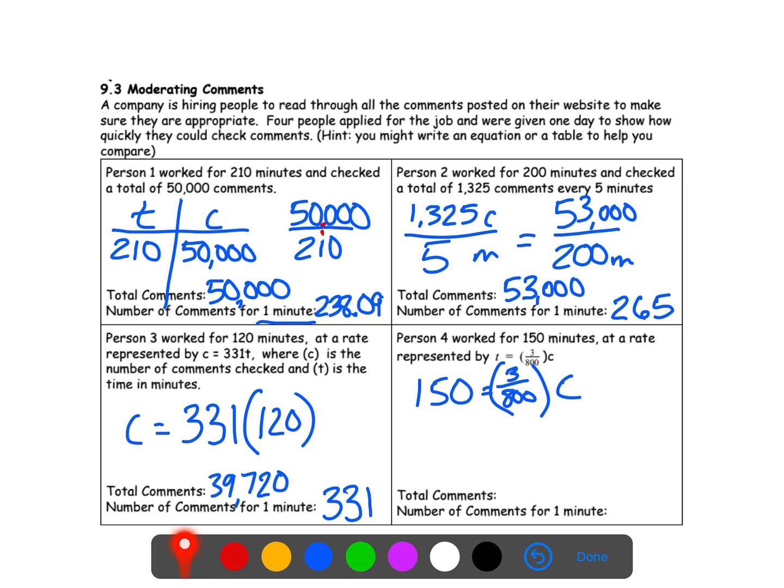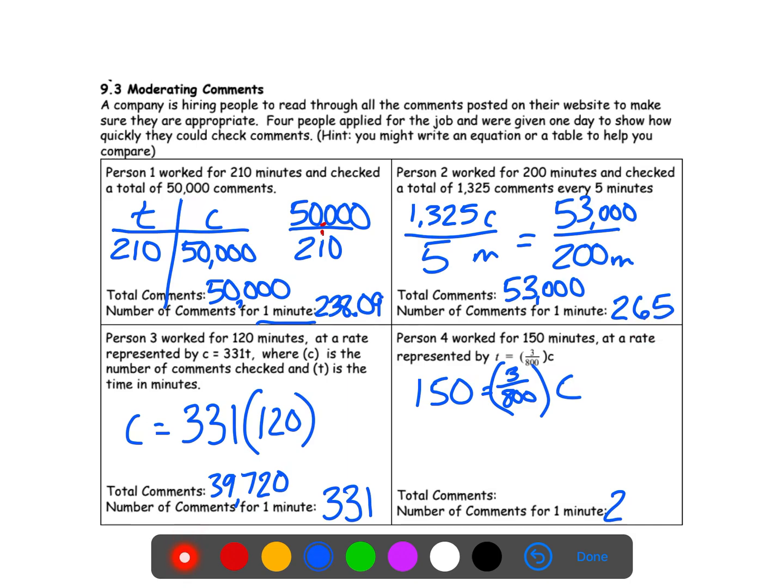So if I were to use that here as the number of comments for 1 minute, then I should be able to use the reciprocal of my constant of proportionality, which would be 800 over 3. 800 divided by 3 is going to give me a repeating decimal, but I don't want to put 800 over 3 because that's going to be hard to compare to the other 3 employees.